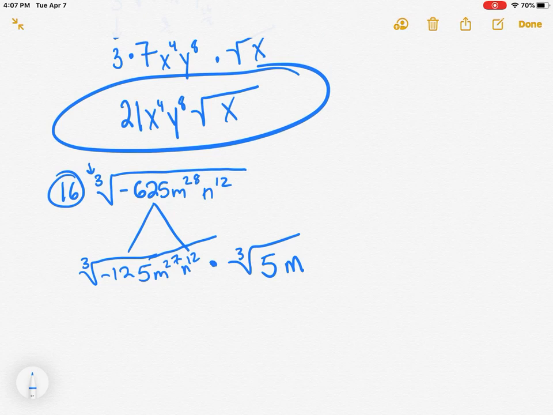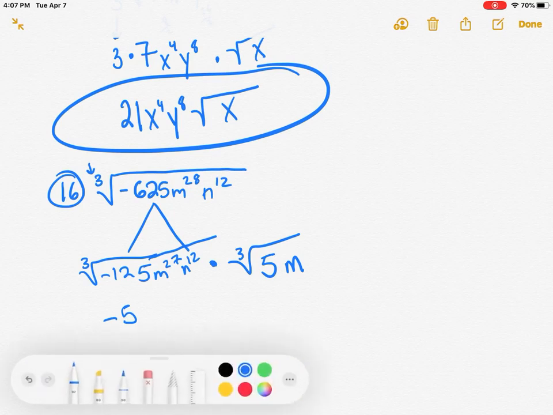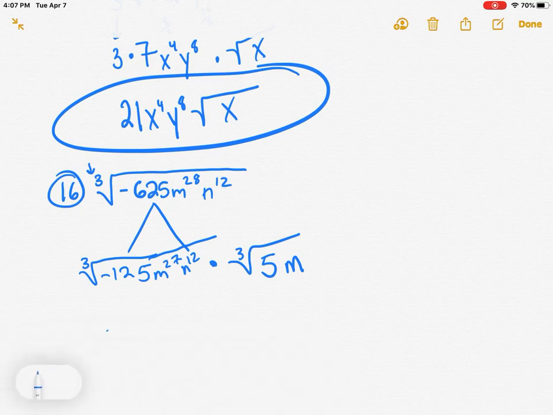Okay? Now, what is the cube root of negative 125? Negative 5. Okay? So let's backtrack here. The cube root of negative 125 is negative 5. We then take 27 and divide it by 3, we get 9.